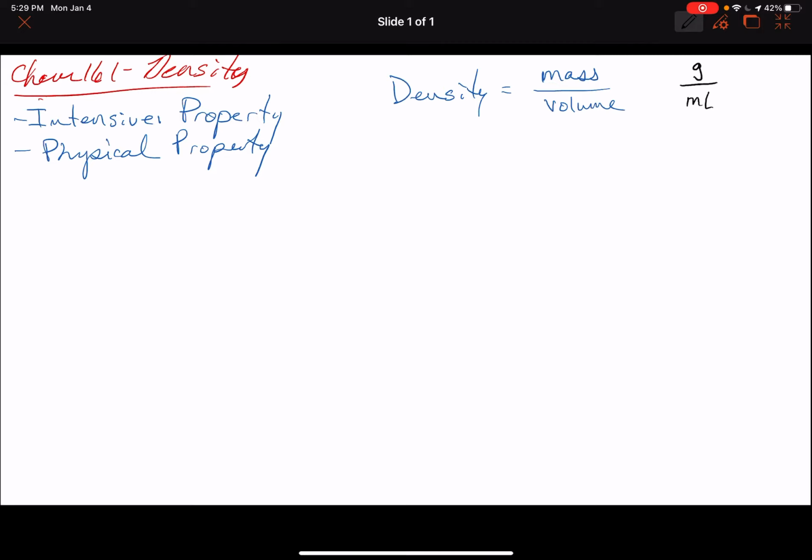So that is recognizing that 1 milliliter is equal to 1 cubic centimeter. We can sometimes see these units as grams per centimeter cubed. And recognizing this is important because it can help you with certain calculations for structures if you know the dimensions X, Y, and Z for that material.